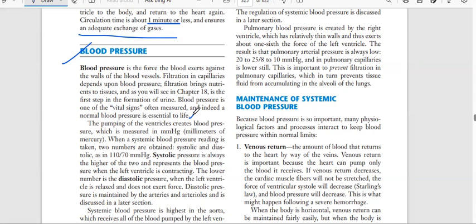Proteins, amino acids, whatever important things the cell requires are present in the blood. So with the pressure, the blood reaches the cell, and only then will all the body cells get the necessary things.